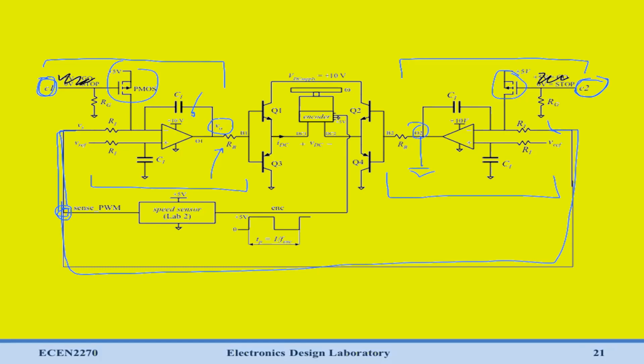And we can in fact use the same reference voltage for both sides here, because we'll simply vary the reference depending on what the magnitude of the speed is, and then we'll use C1 and C2 in order to determine the direction. So this is how we'll build it, and this is what it'll look like.